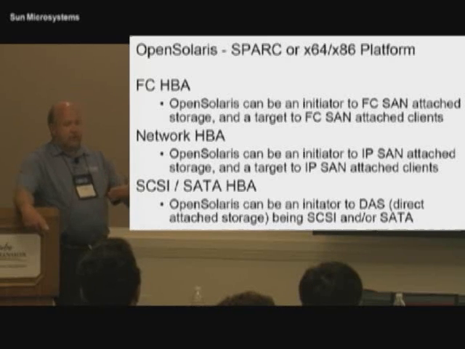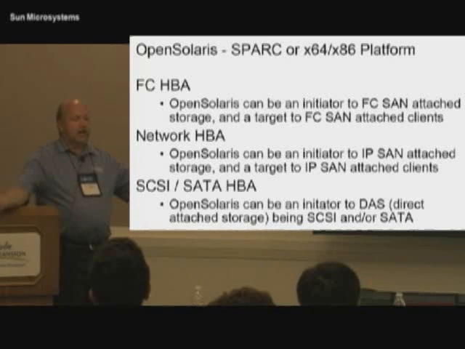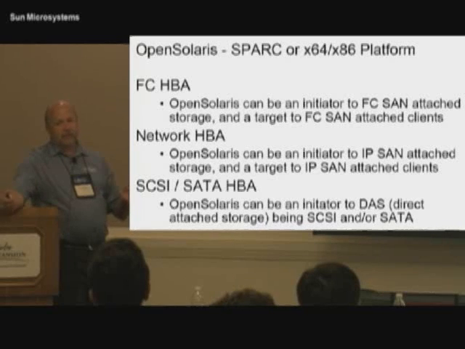But that storage can also end up being presented to other hosts as Fibre Channel storage. So you can consider that a Solaris storage device can consolidate many different types of back-end storage and present them to your entire client base as Fibre Channel storage. So that's Fibre Channel SANs.